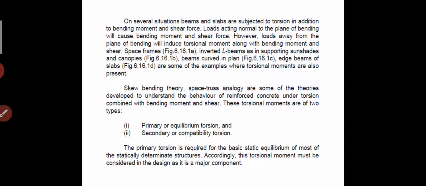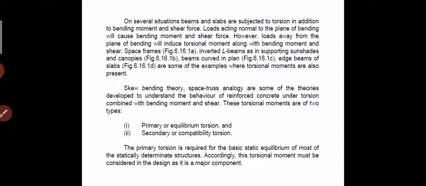Bending theory and space truss analogy are some of the theories developed to understand the behavior of reinforced concrete under torsion combined with bending moment and shear. These torsional moments are of two types: primary torsion or equilibrium torsion, and secondary torsion or compatibility torsion.